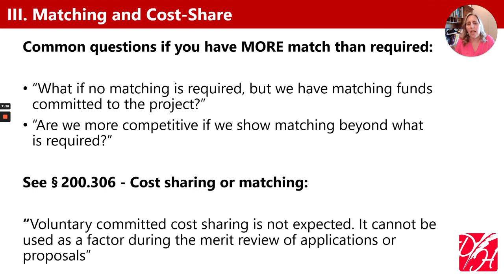It points us right back to the Code of Federal Regulations 200.306. We want our cost share and our matching information in our budget to be truthful to our best anticipated plan, but we do not want to overpromise on the hope that it would make us more competitive. That is actually not the truth and instead is creating a greater burden for your organization.